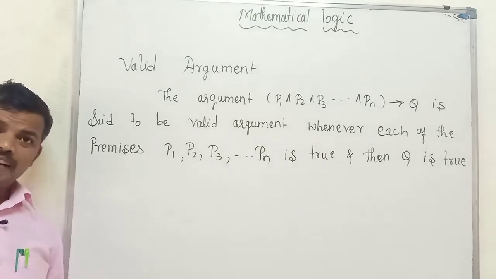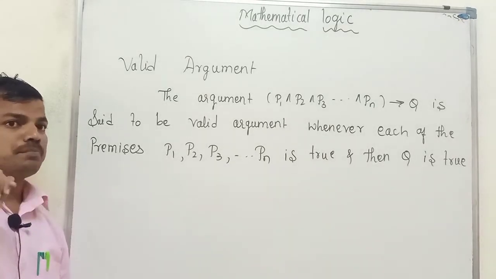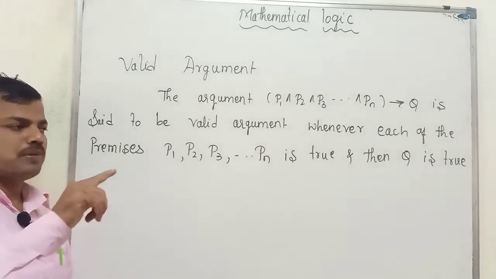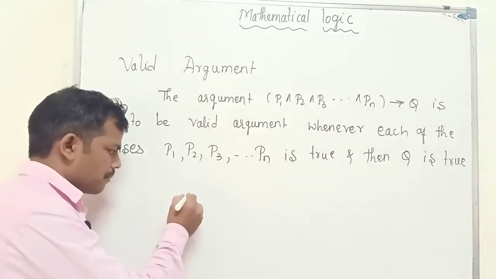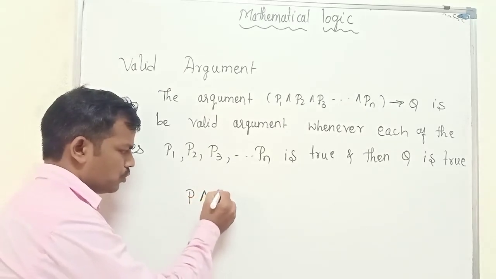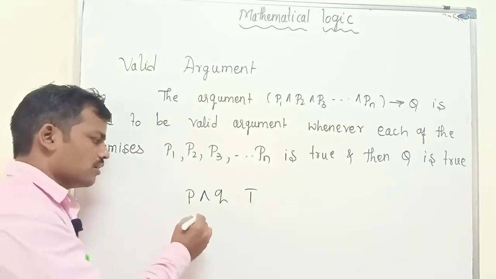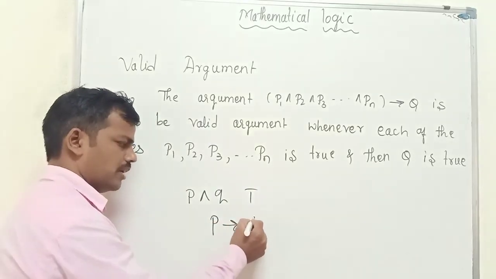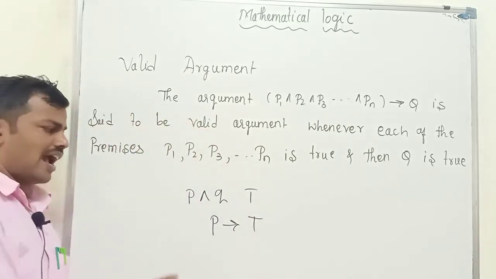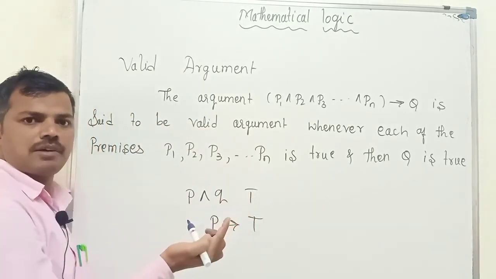If P and Q is true, then P automatically has to be true.